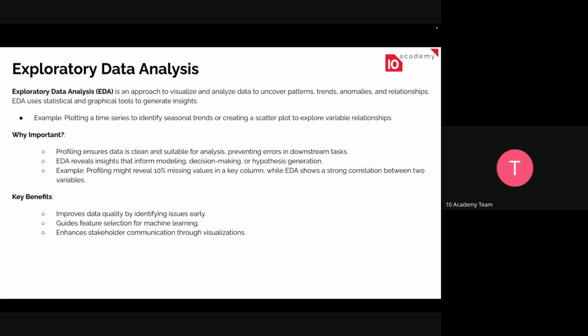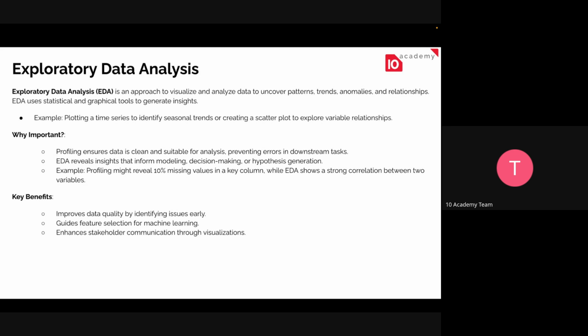This includes plotting a time series to identify seasonal trends. Of course we're going to be taking a look at these things further in the future, but it will help us identify seasonalities, trends, and so on.